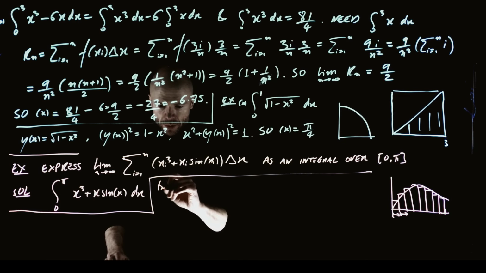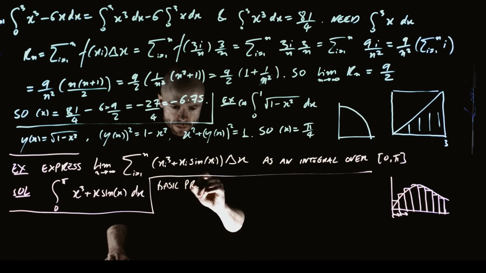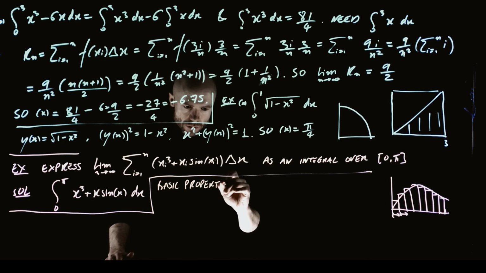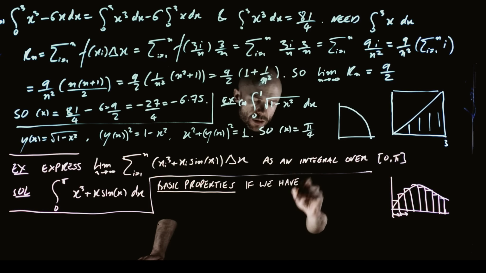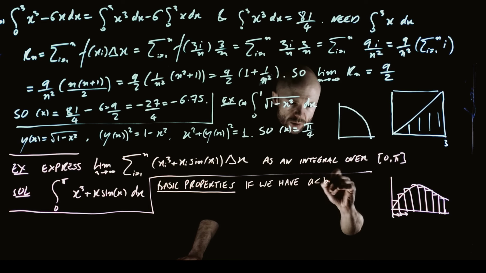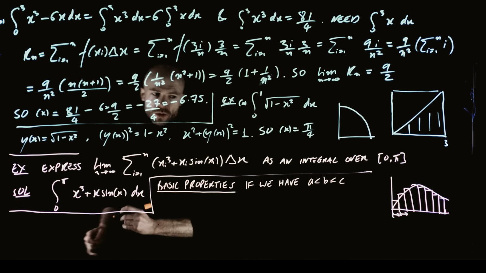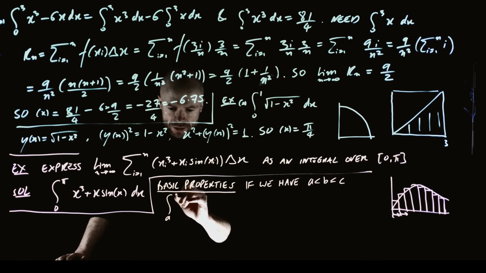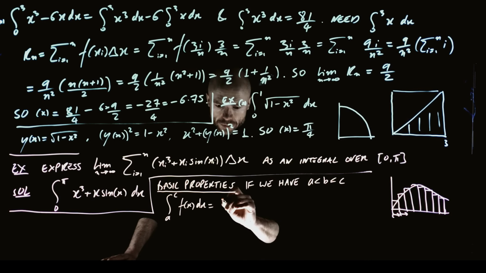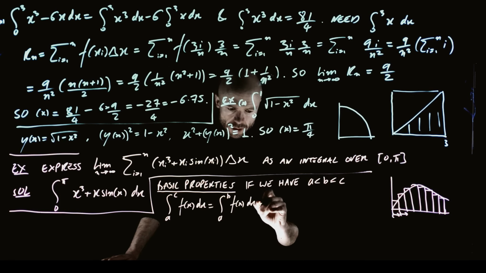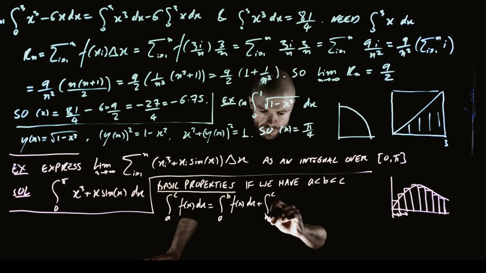Basic properties: if we have numbers like this, a less than b less than c, and we have this integral from a to c of f of x dx, this turns out to be the integral from a to b f of x dx plus the integral from b to c f of x dx.